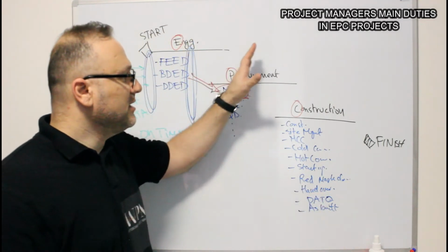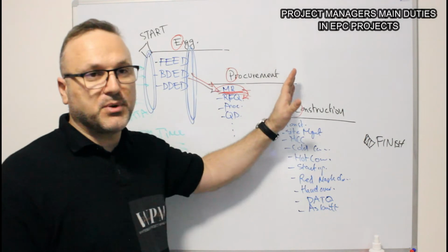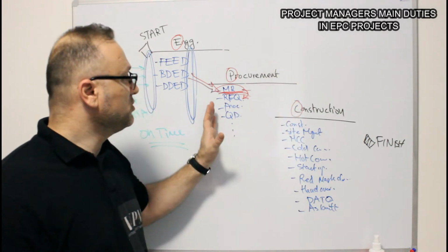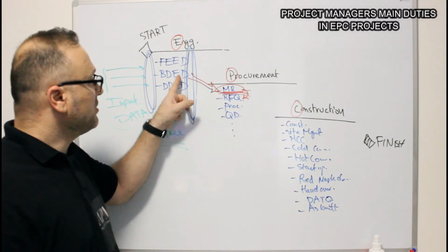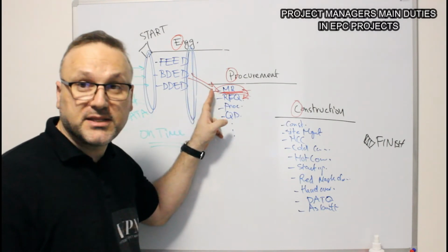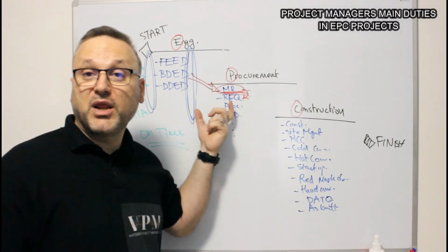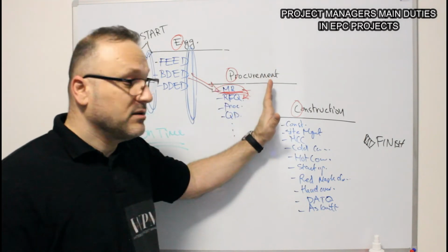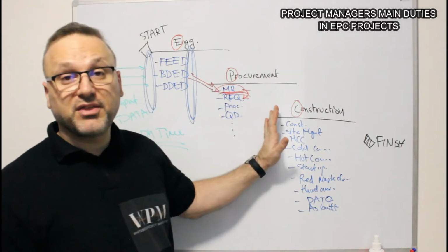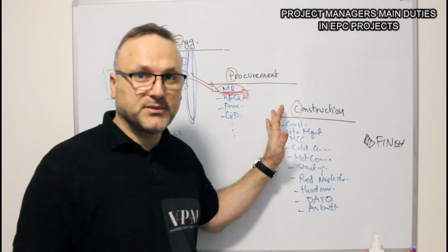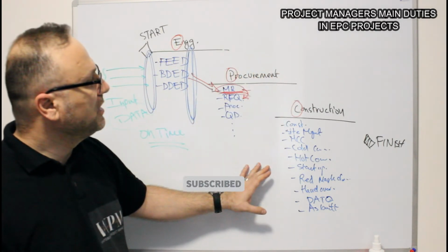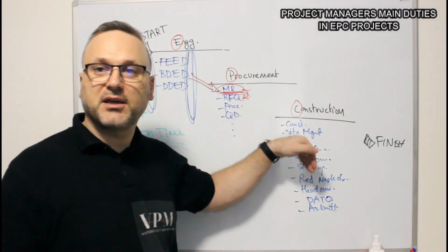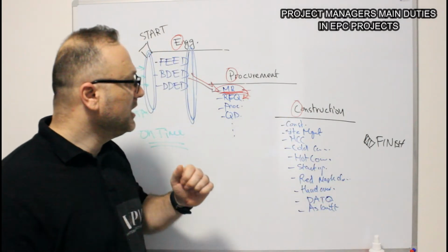So this is the main project manager duty here, to make sure that the material requisition is made according to the basic design and is ready for the long lead items, and procure everything and deliver everything according to the contract.